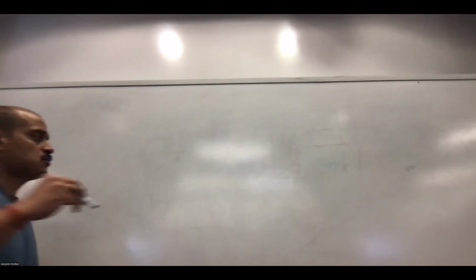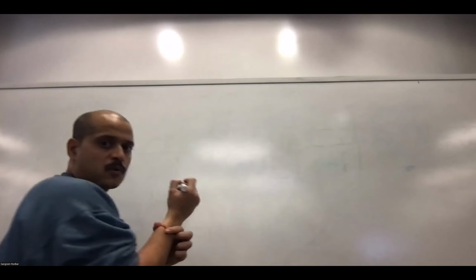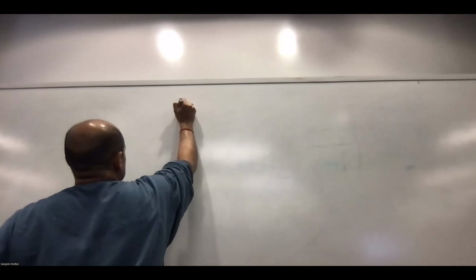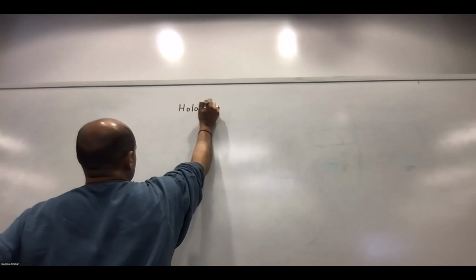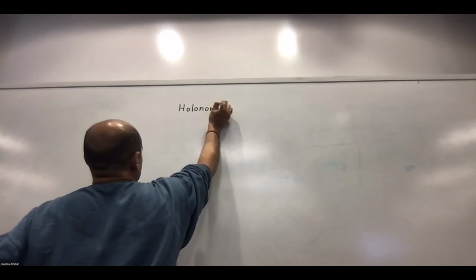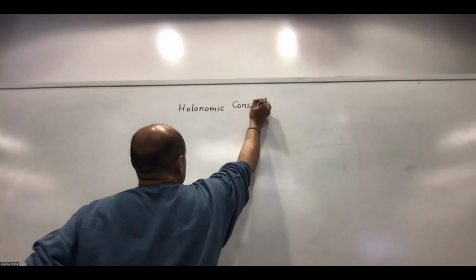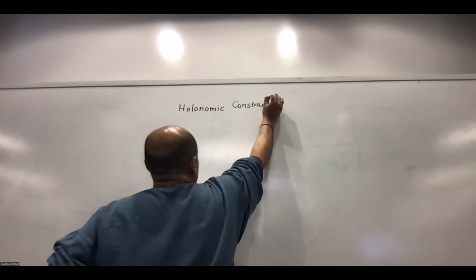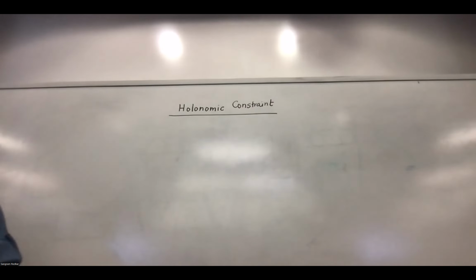One thing I want to talk about first and foremost is an important term called holonomic constraint. Believe it or not, when I was a graduate student, people used to use this word holonomic constraint, and I thought, what constraint is this?